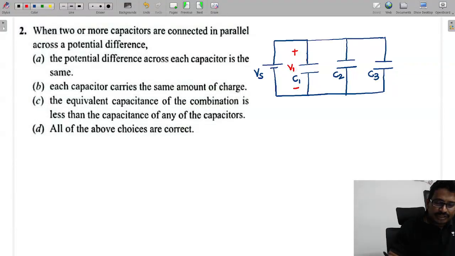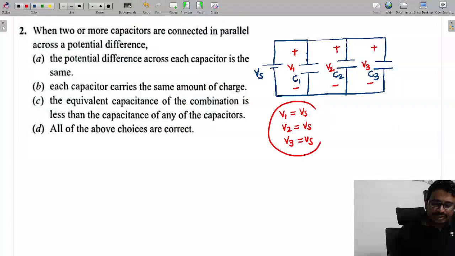If I call this V1, this potential difference is V2, this potential difference is V3. So V1 equal to Vs, V2 equal to Vs, V3 equal to Vs. That means all the potentials are the same.